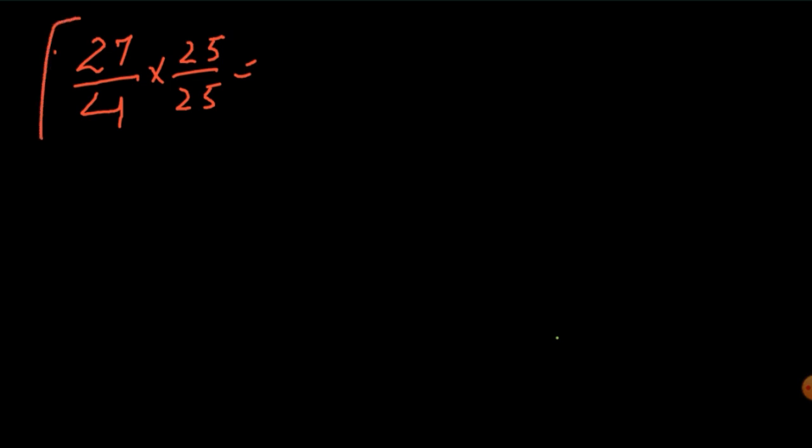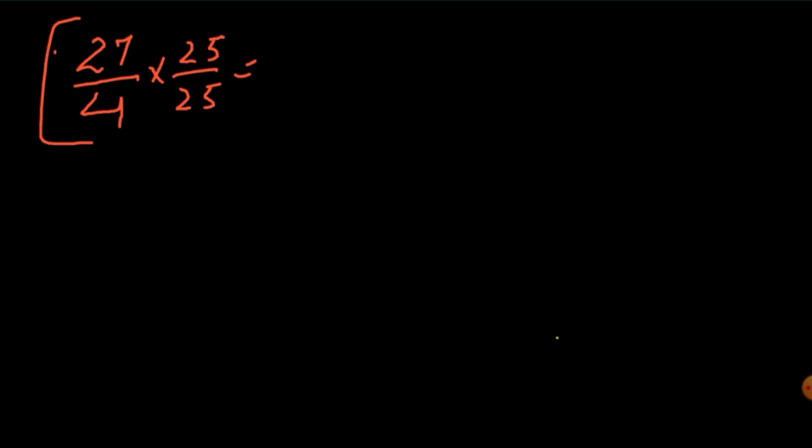Now the next one is, if you are given a fraction like 27 by 4. Now here the denominator is 4. You can either do it by multiplying, but here we have to multiply 27 by 25, so this one is difficult.